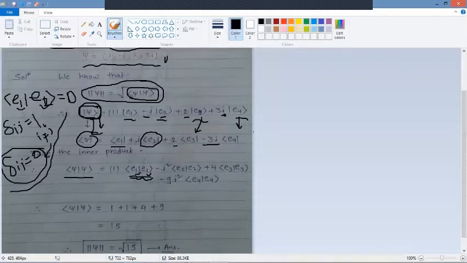Here I am just taking the similar values of i and j, which give 1: e1 with e1, e2 with e2, e3 with e3, and e4 with e4 also become 1.